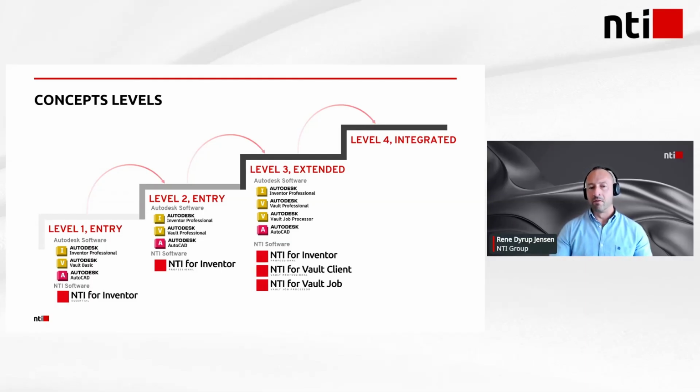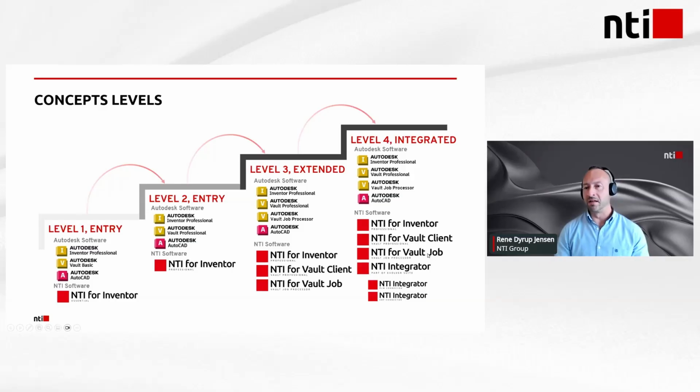So this is where we begin to have the more automated approach, where the first level 1 was the more manual, level 2 was the event-based, and this is the automated approach. And of course, on the last level, we will have the integrated approach where we also have integration to ERP or PLM for handling bill of materials, change management, all of that related to those kind of platforms.